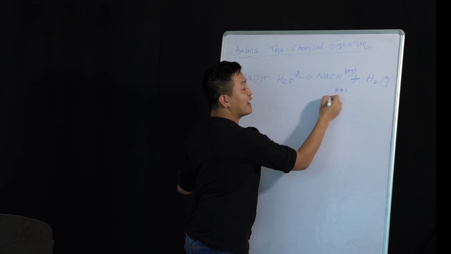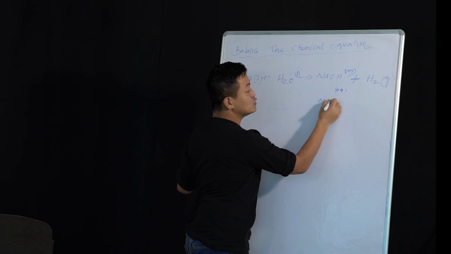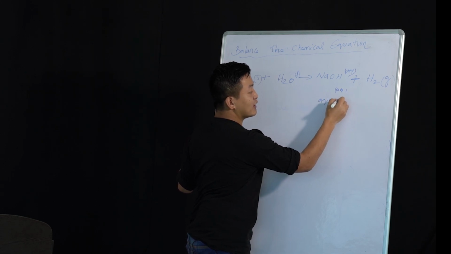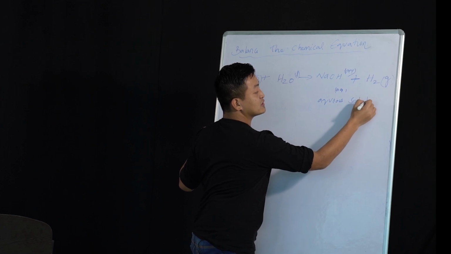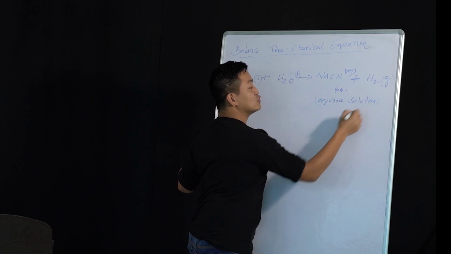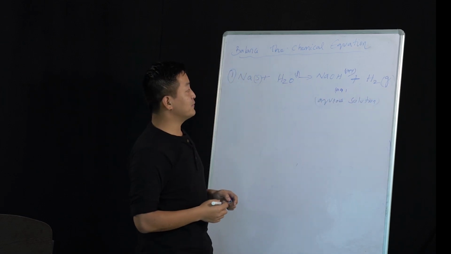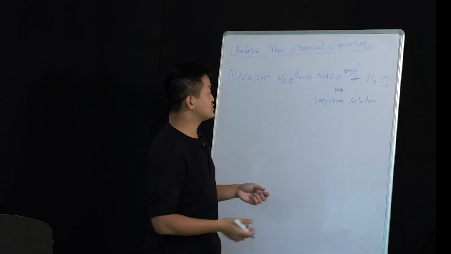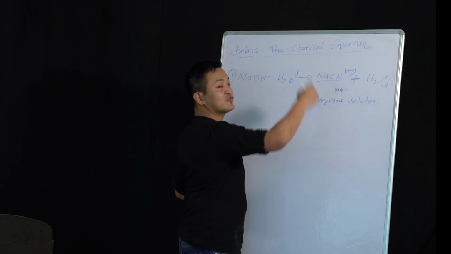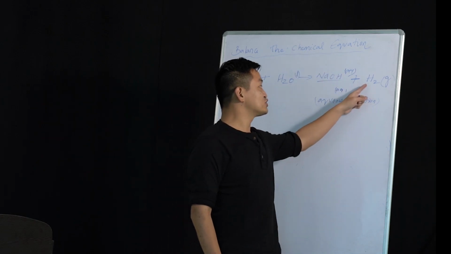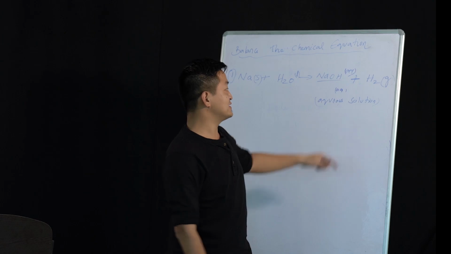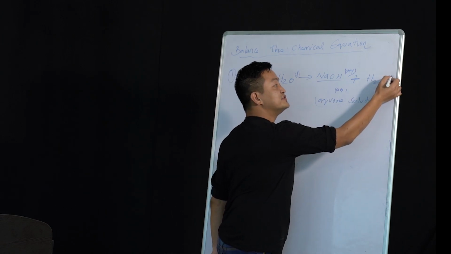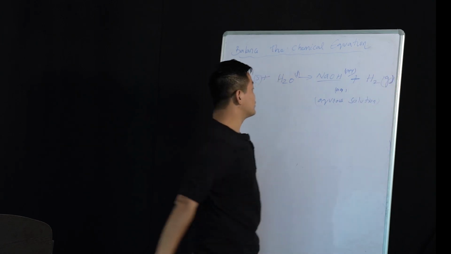AQ means aqueous solution, that means a solution in water. Like salt and water together, we call it an aqueous solution. NaOH is an example of that. H2 here is hydrogen gas, and for gas we have given the letter G. I'm sure you are clear with this.